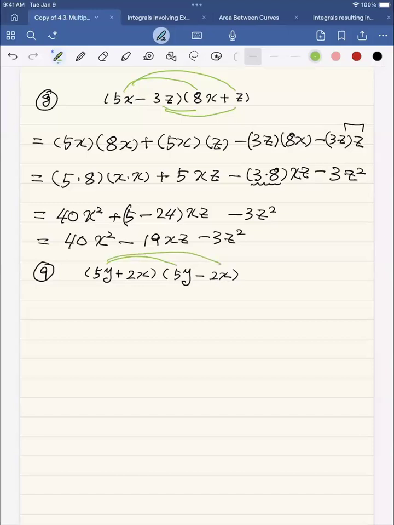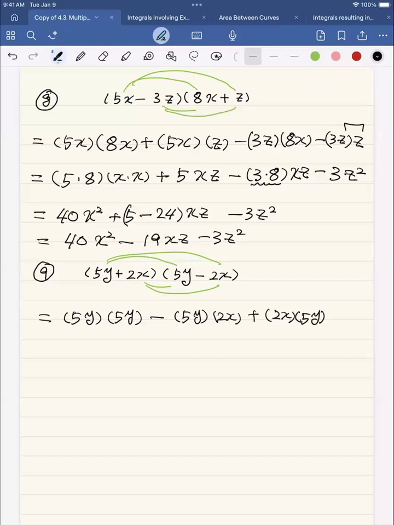We do the same with the next problem. 5y times 5y minus 5y times 2x plus 2x times 5y minus 2x times 2x.